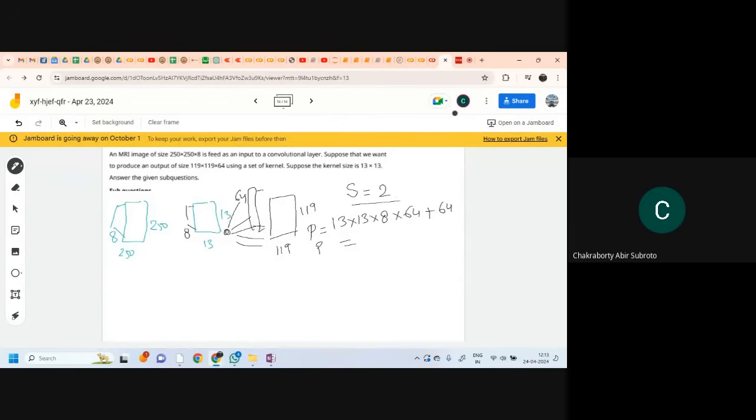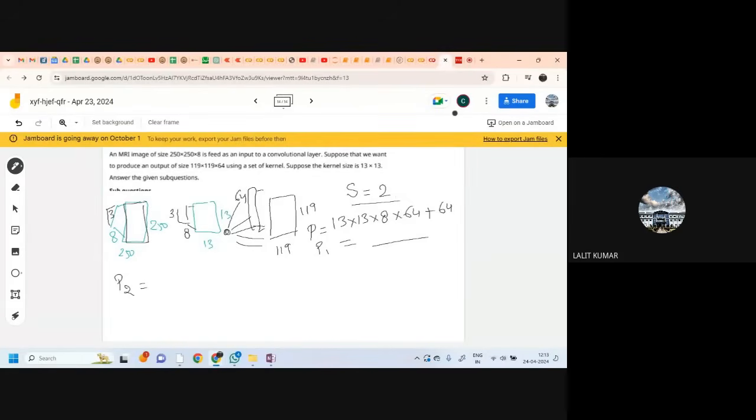Understood. In the second part, he said that if the image size becomes 250 by 250 by 8 by 3, there is another dimension 3. Then this filter also will become 3.